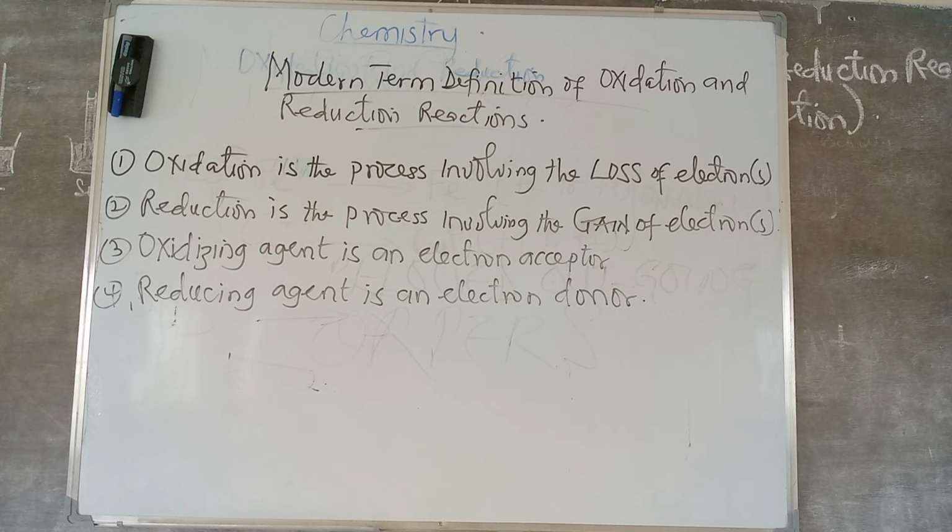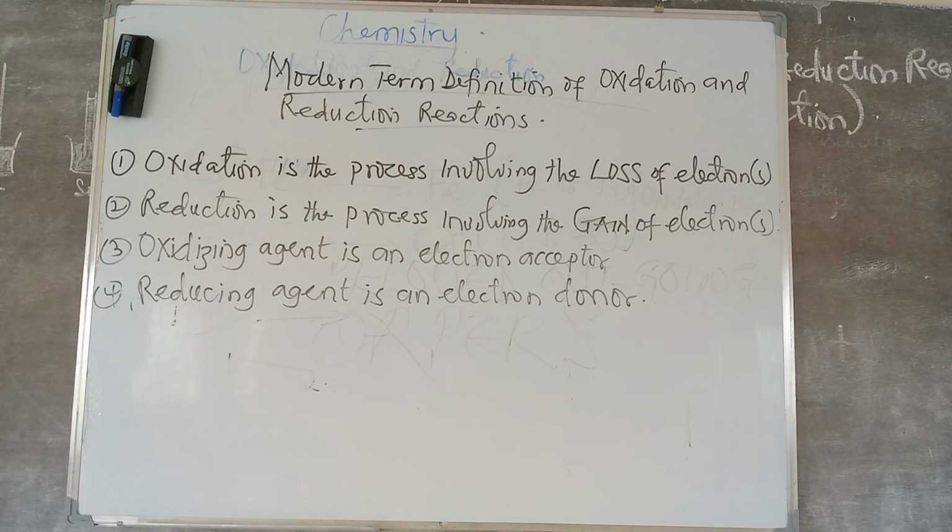It looks as if they are contradicting, but I am going to give you a proof that when an element has its oxidation number increasing, actually it is losing electron. It may sound funny, but let us see how it goes. And when you see an element decreasing in its oxidation number, it is gaining electrons.